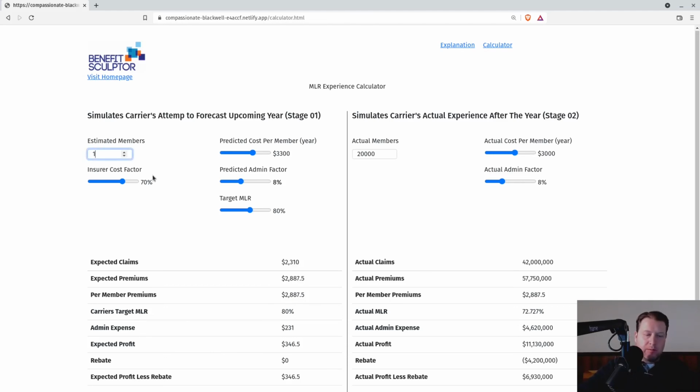So let's drop the enrollment by 5%. And now you can see that the insurance company is actually making less profit than it would have made had it just chosen to make the products more attractive and increase membership.